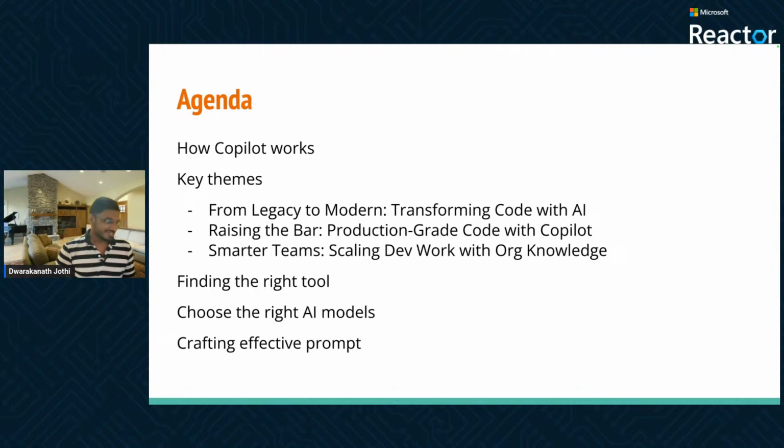Along the way, we'll also be discussing how you find the right tool within GitHub Copilot for which of the use cases, and at the end we'll be looking at the AI models, which is the right scenario for which AI model to use, and how we craft a proper prompt to get the most out of Copilot.